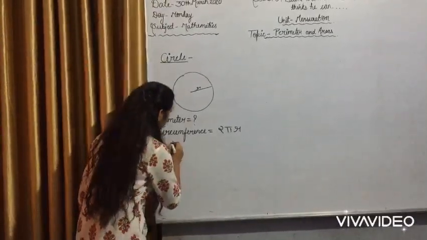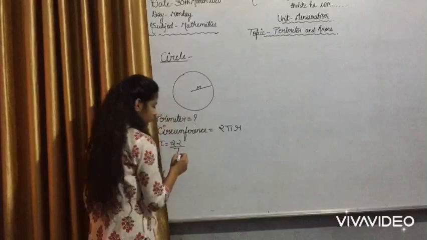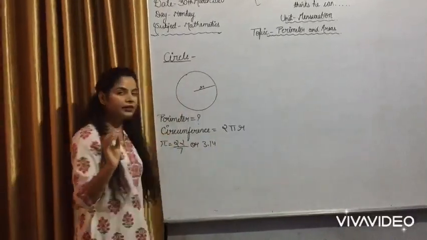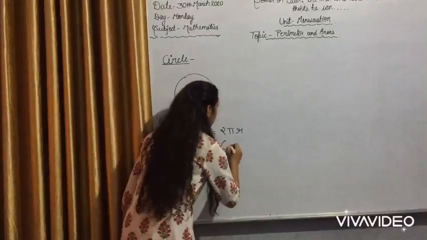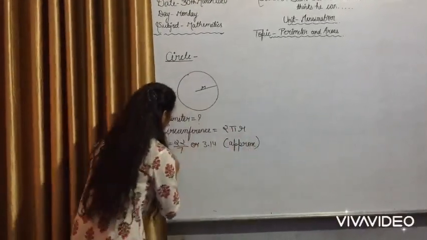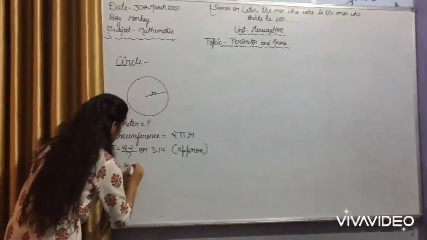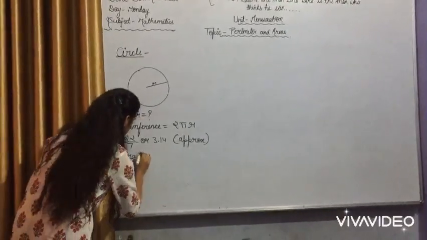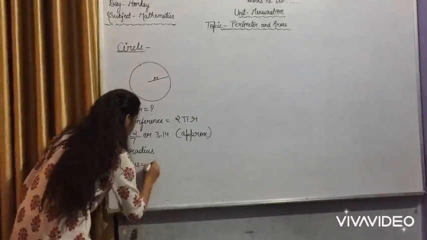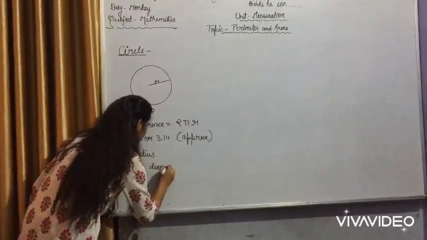The values of pi are 22 by 7 or 3.14, which are not exact. These are approximate values. And r is the radius here. How do you obtain radius? Radius is half of diameter.